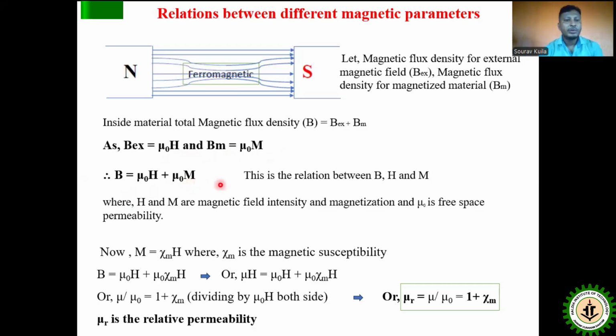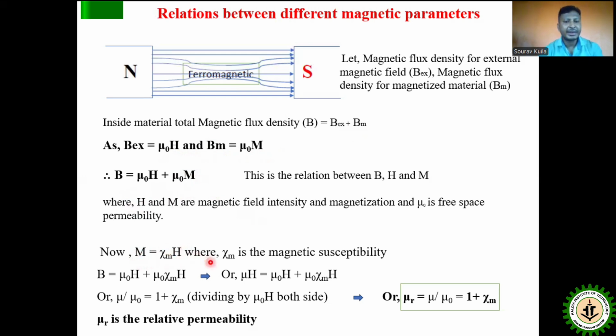This magnetization is proportional to the applied magnetic field. That is, if you increase the applied magnetic field, the magnetization will increase. So it is represented as M equals chi m times H. You already have knowledge about this equation.